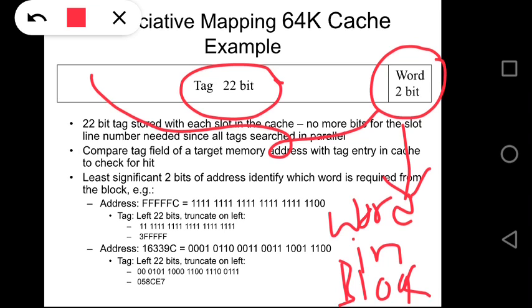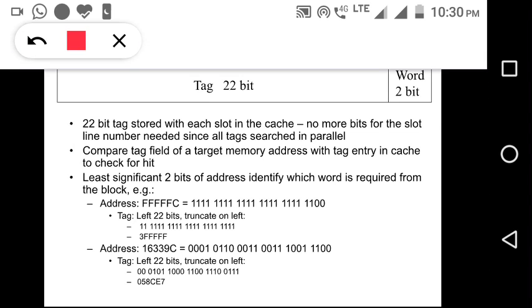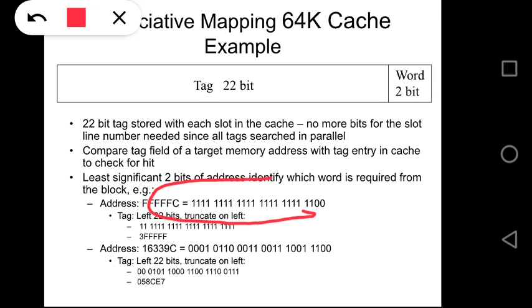The least significant 2 bits of the address identify which word is required from the block. Let's take this is an address. This is my address. Then the left 22 bits are grouped in this part, except these two bits.